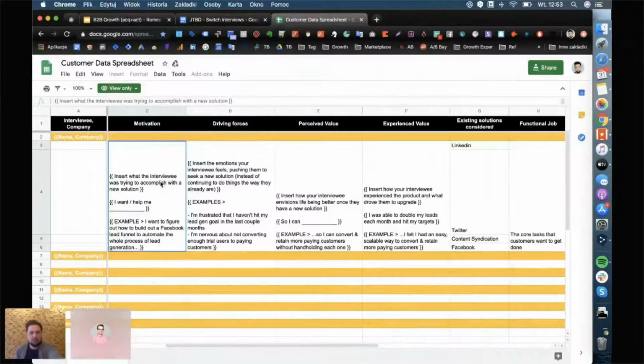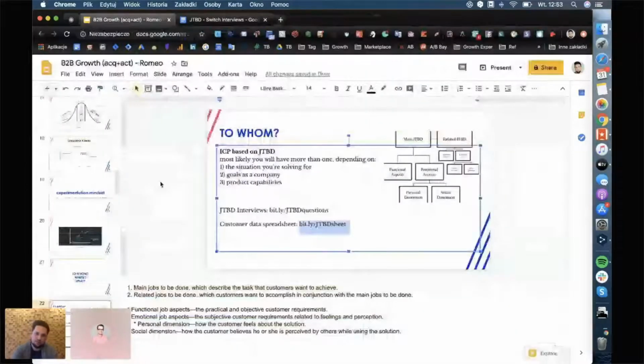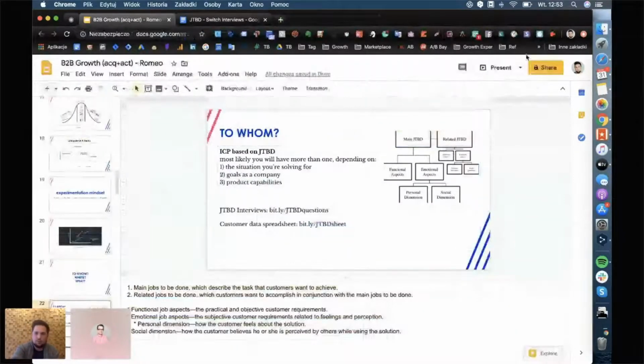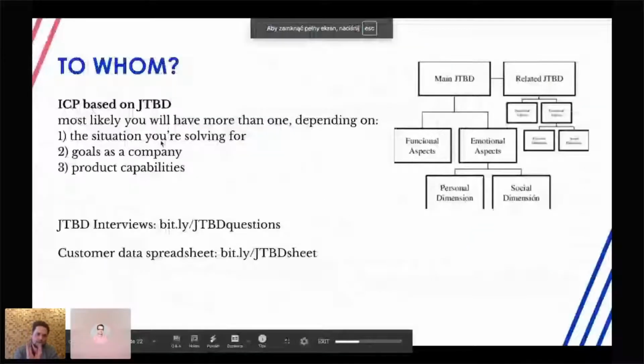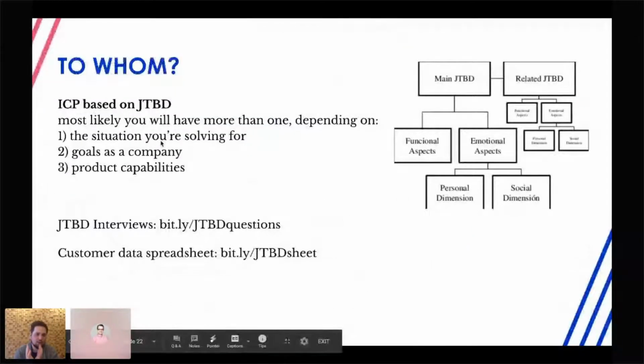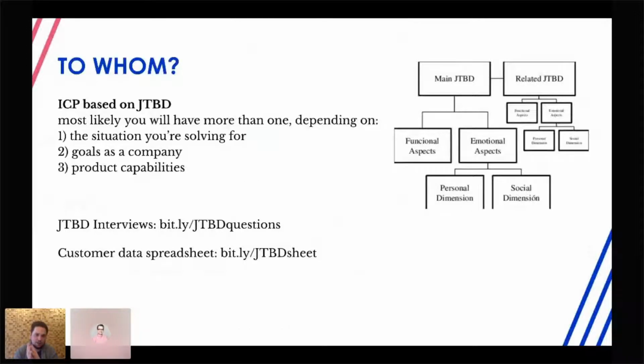I strongly recommend you take that as an exercise and talk to a few of your customers and figure out what actually changed. One important thing is that you don't have only one ICP. Most likely you have a few ideal customer profiles based on the situation you are solving for, goals as a company, and product capabilities.